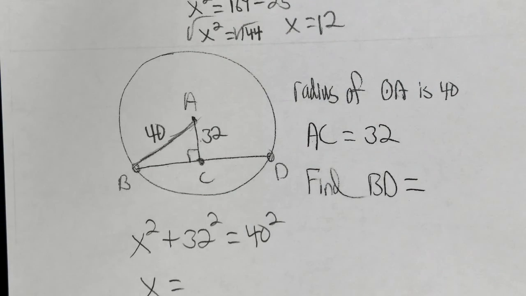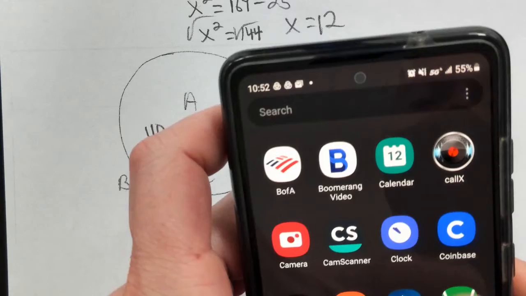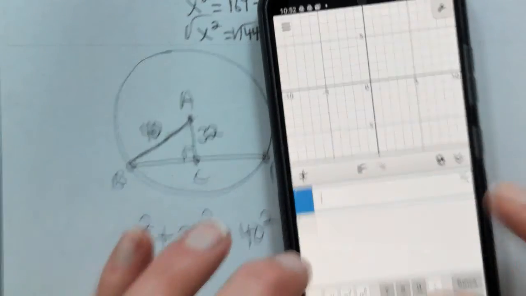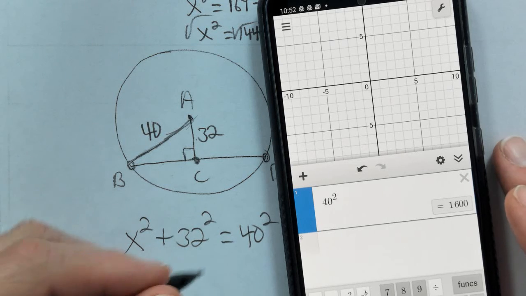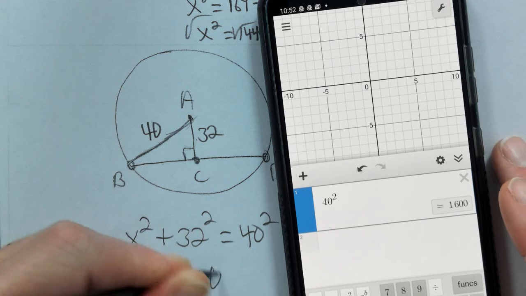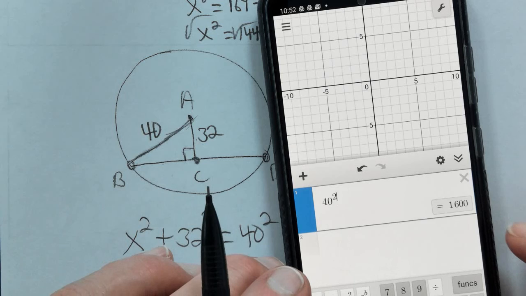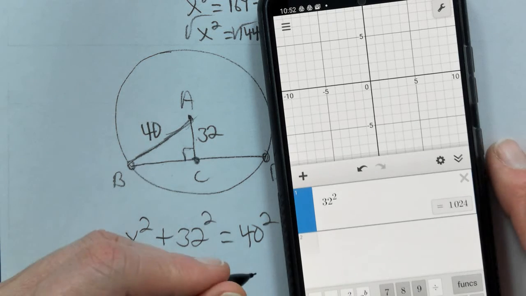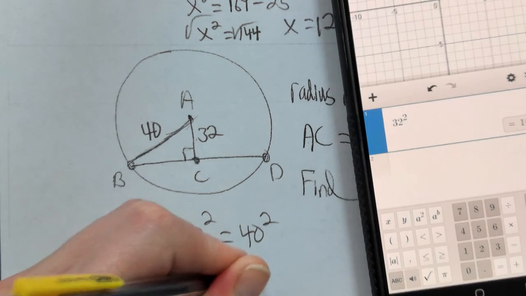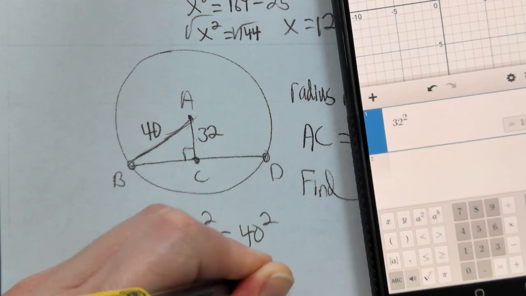Let's see what 40 squared is. 40 squared is 1600, minus 32 squared, which is 1024.